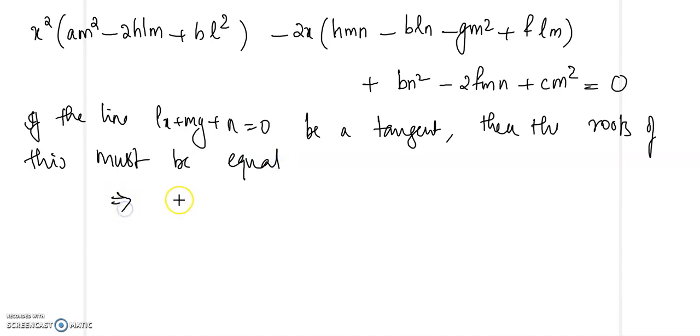So that implies b square minus 4ac must be equal to 0.